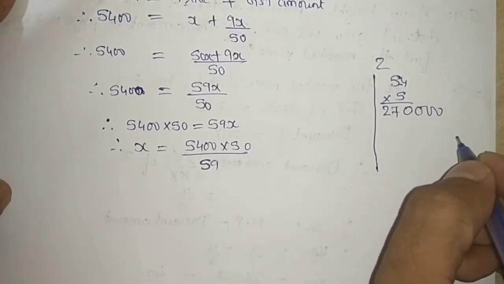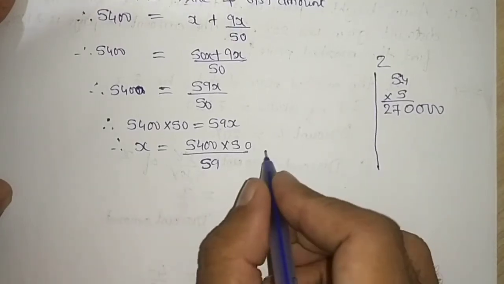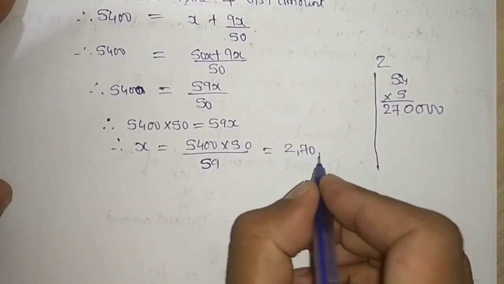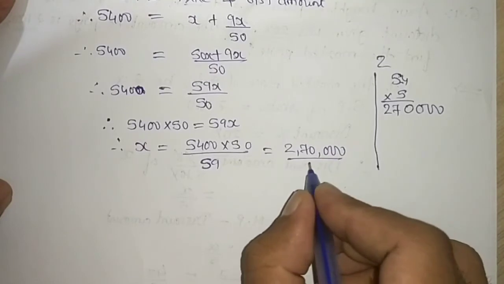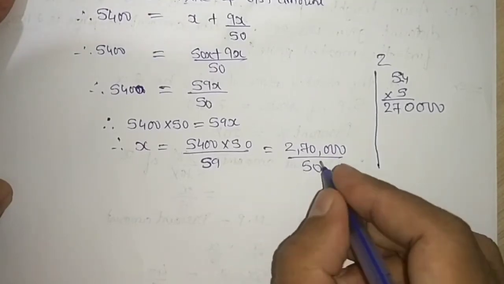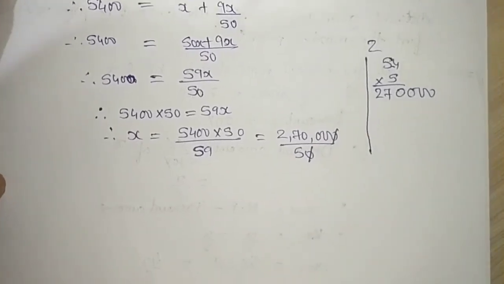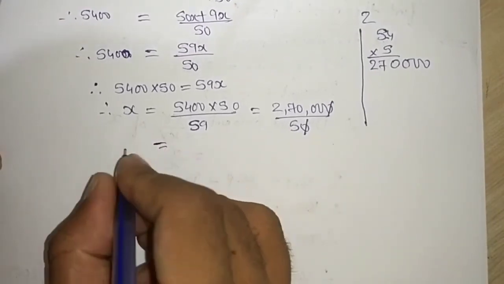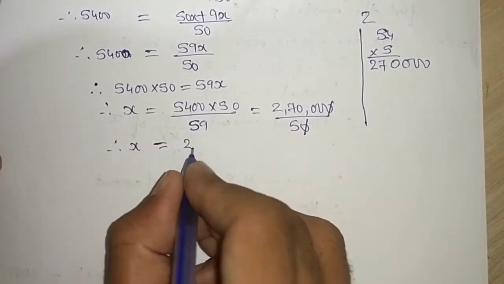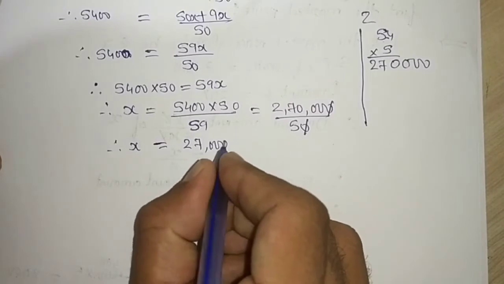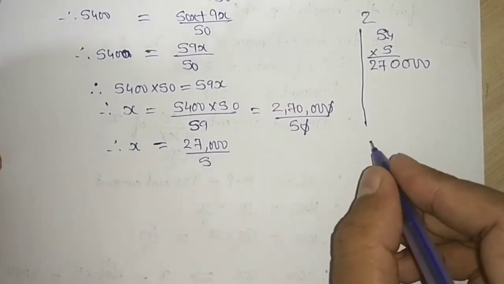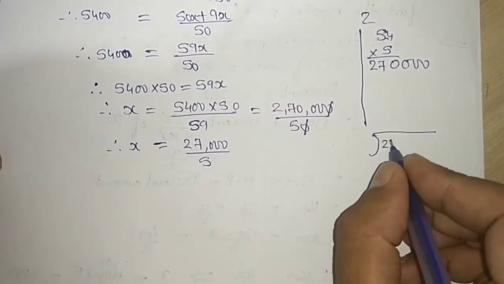So it will be 2,70,000, divided by 50. One 0 will be cancelled out.